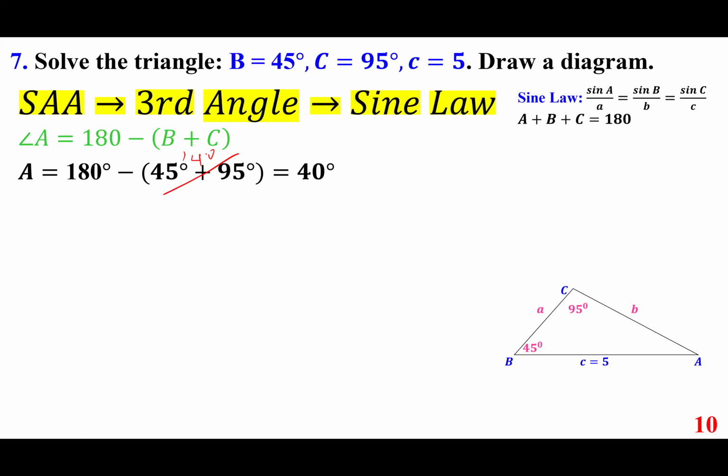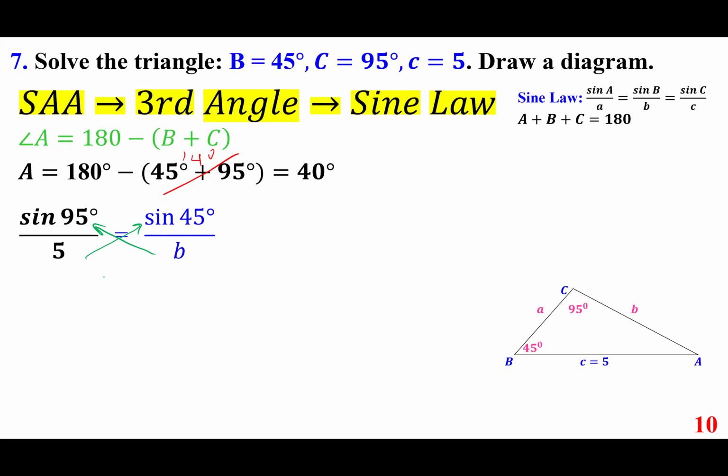And now we use the sine law. So what is given? This one and this one. Sine of 95 over 5, sine of 45 over the missing b. So the product of these two and the product of these two are the same. Therefore, b is the product of these two.